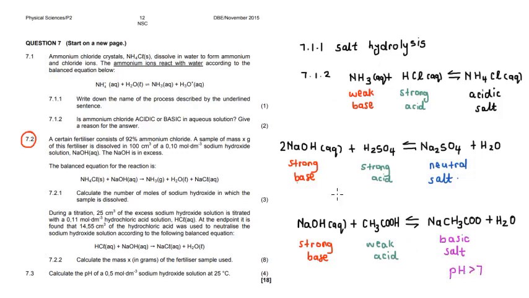The pH of this solution is going to be equal to 7, and the pH of that original solution is going to be less than 7. Now we don't consider the case where you're looking at a weak acid and a weak base.